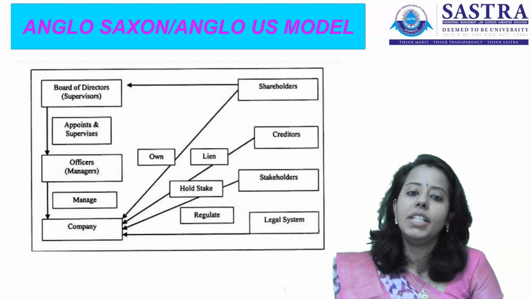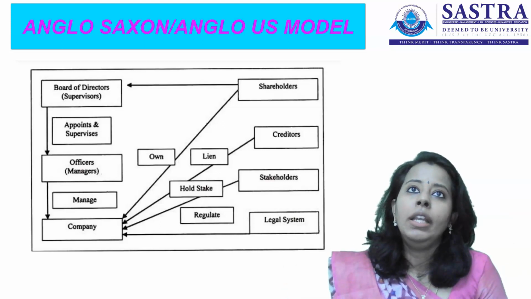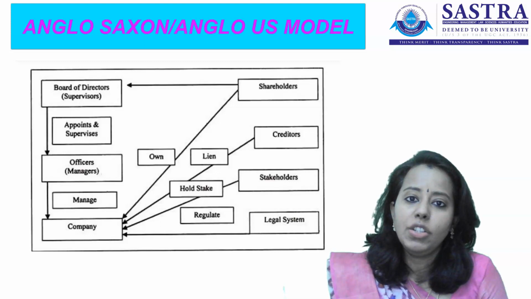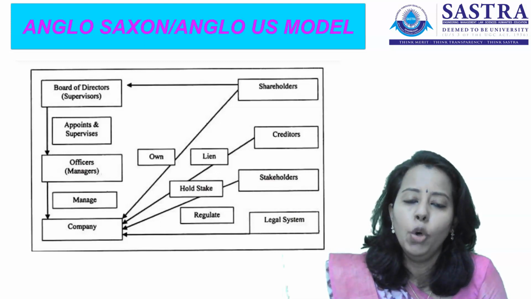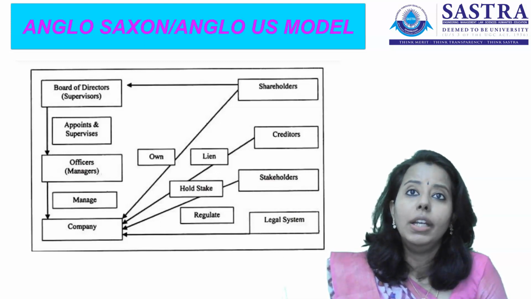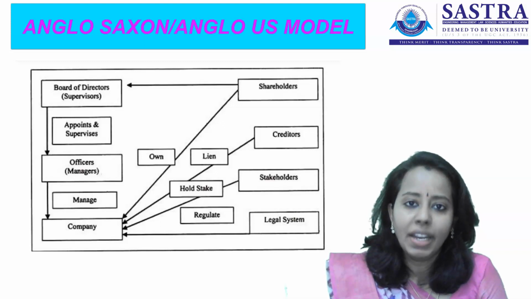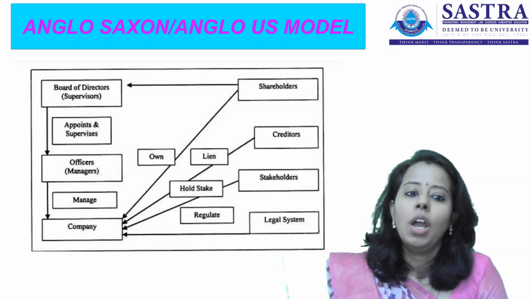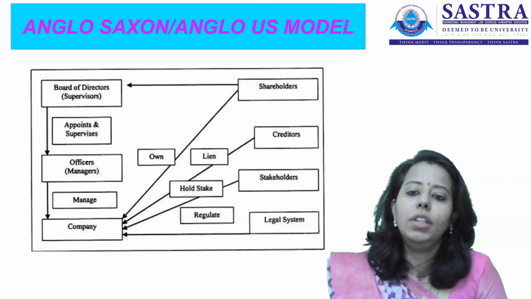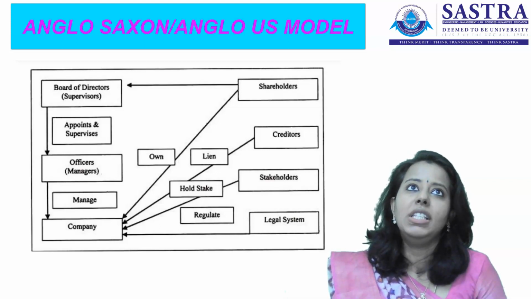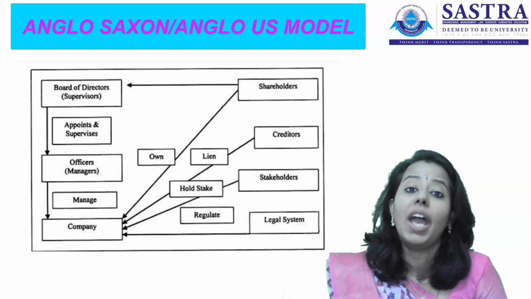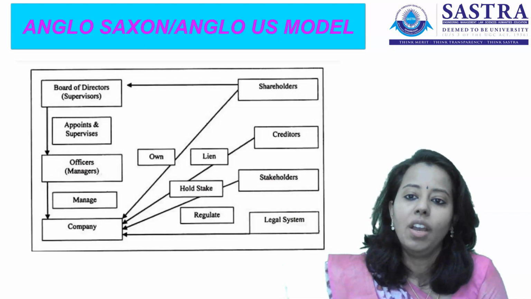So let me consolidate everything now. In this model, shareholders have the right to elect all the members of the board, and the board directs the management of the company. One of the major features is that this is a shareholder-oriented model.